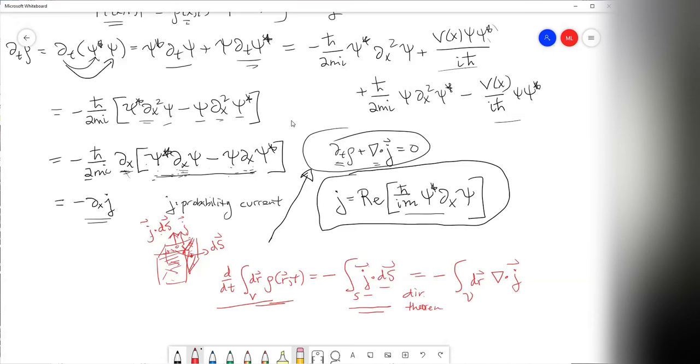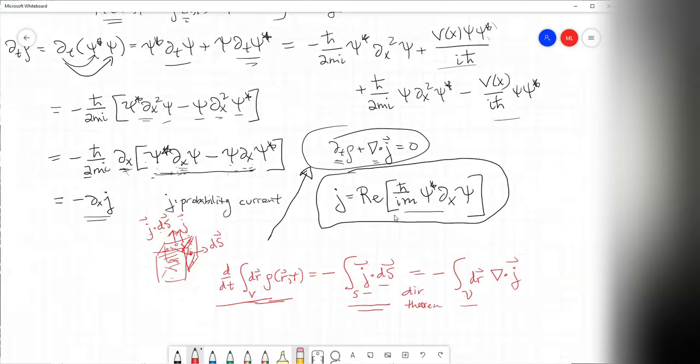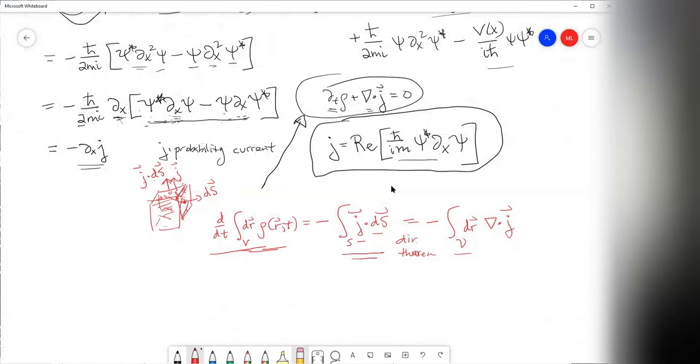And if we look at this, we see that this should be independent of the particular box that we use. So in order for this equation to hold true for any arbitrary box, you must have that d rho dt is equal to minus the divergence of J.